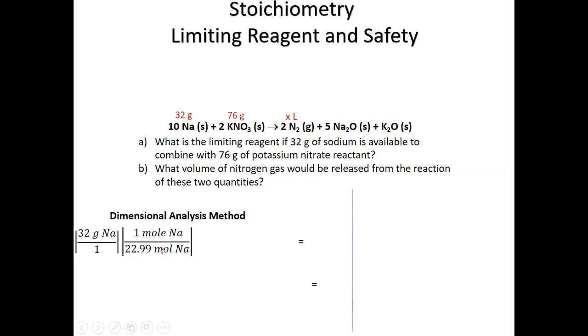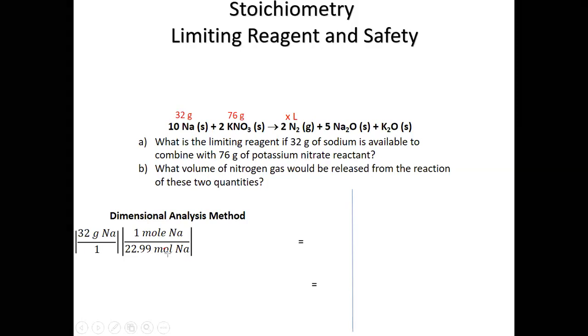This should actually read grams down here, so let's change that so that we know we're doing this correctly. This should read the number of grams, not the number of moles of sodium, so this will be G for gram. There we go. What that'll do is cancel out the gram amount, and that will make a mole amount of sodium. The molar mass for sodium is 22.99 grams.